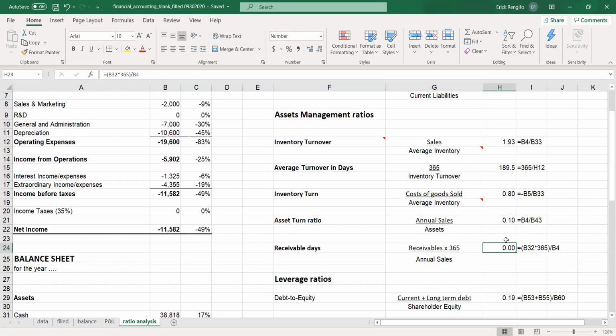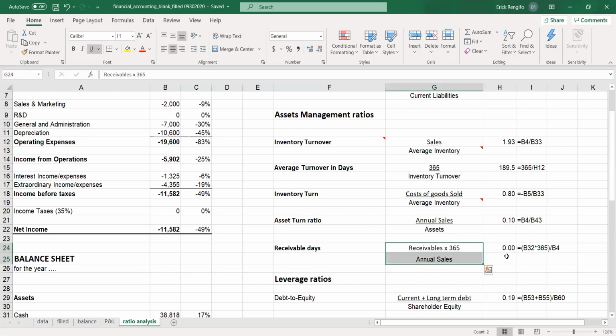sell on credit. But basically what it measures is in how many days I recover, or collect, the money from my clients that I gave credit. Simply that. You want this number to be as small as possible. If I give you credit, I prefer to give you credit for 15 days versus 90 days. Of course, this depends on how big you are and how big your reputation is.